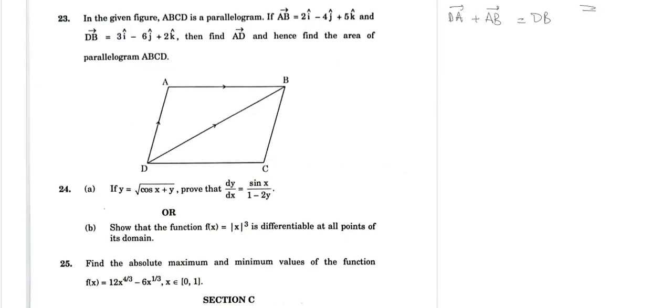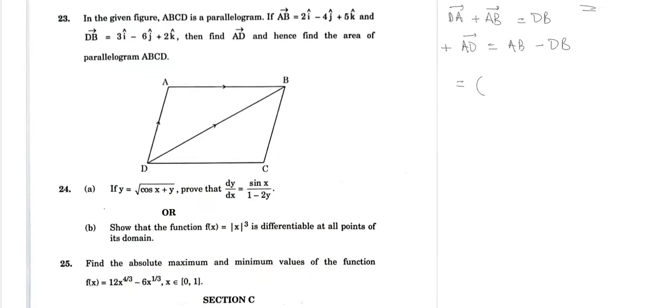So AD you want to find, so minus AD will be is equal to what? We write this. AD is equal to AB minus DB. This will be correct. AD is equal to AB minus DB.